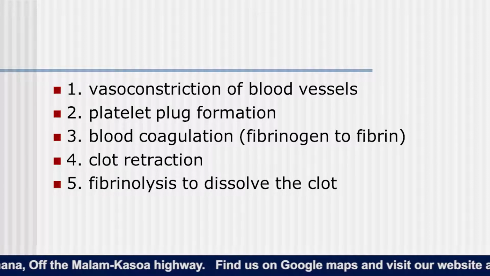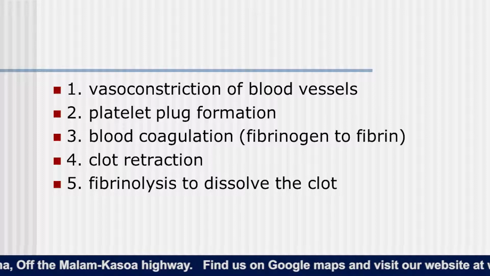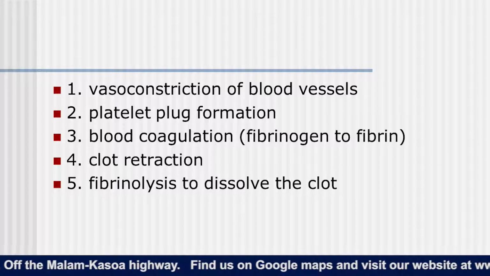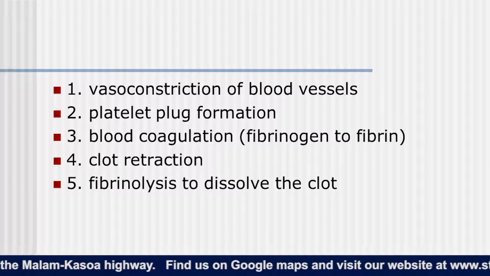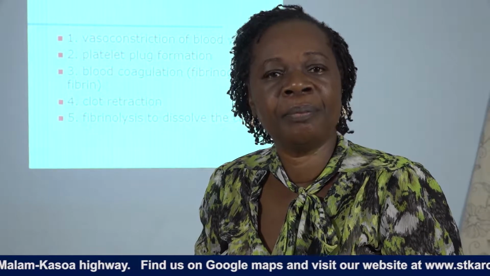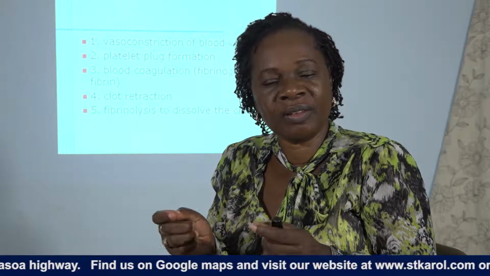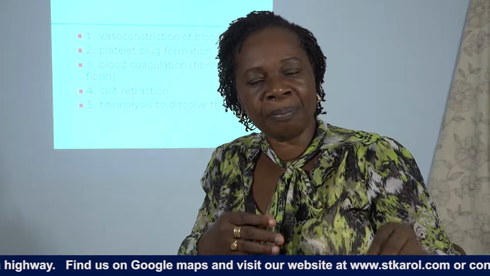When the blood clot forms on the outer surface, it will protect the body from microorganisms that try to enter the wound. So when the blood clot forms, it is preventing loss of blood from the blood vessel and also protecting it from the outside environment.